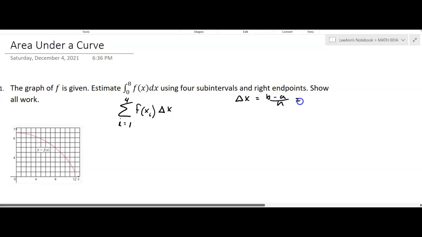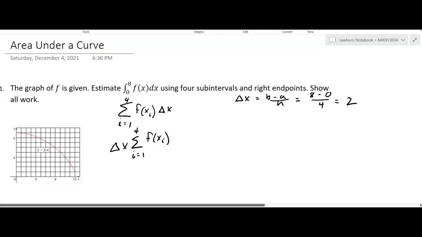So we know b is 8, we know a is 0, and n is 4. So our delta x is going to be 2. You can take that delta x out front if you want, and then we're summing from 1 to 4 of f of x sub i.